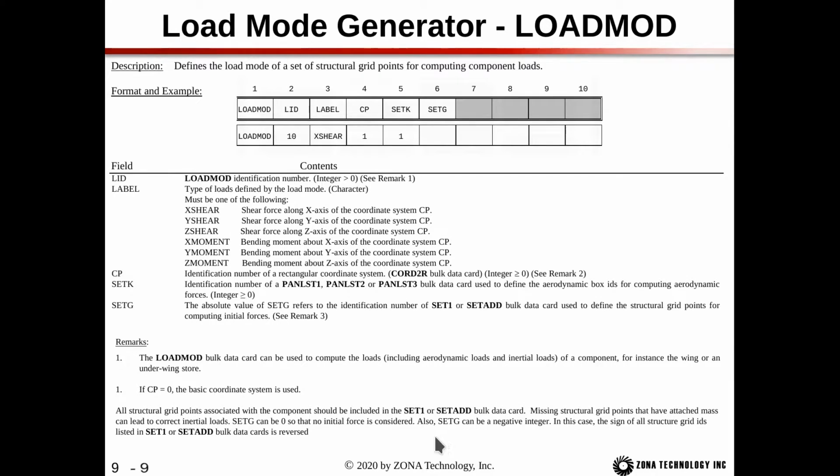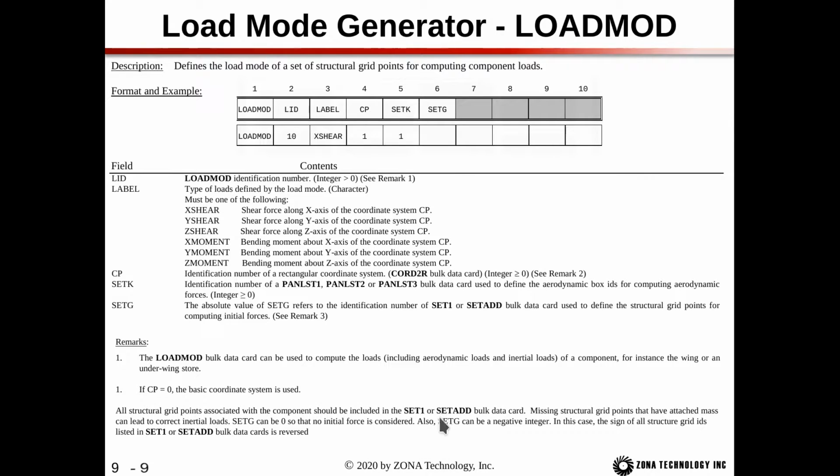Remember, for the H to F option, where you have a half span structure model but a full span aerodynamic model, the grid IDs on the left hand side are negative. But here, set G in the LOADMOD card can be a negative integer. So in this case, the sign of all of the structure grid IDs in the set 1 or set add cards are reversed.